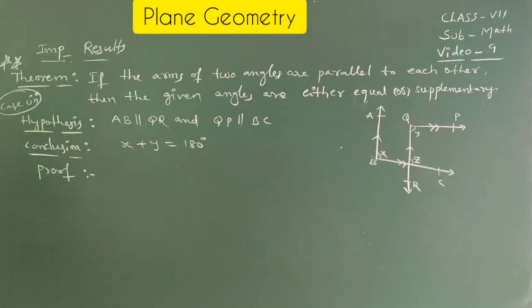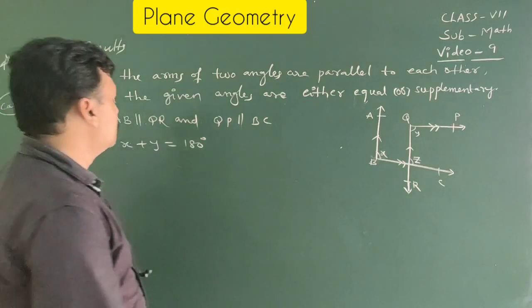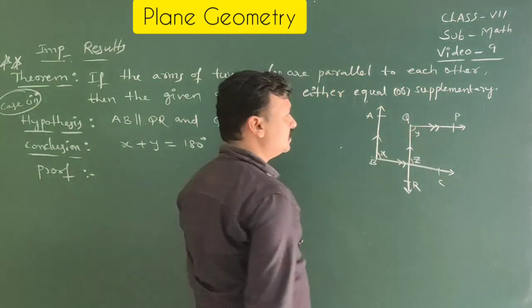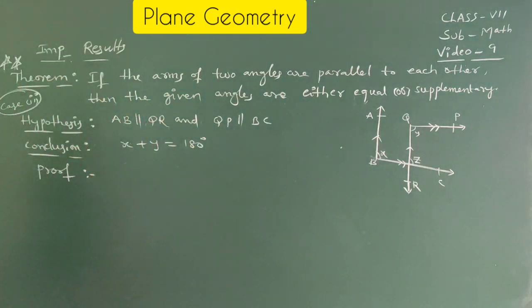Here also there are arms, in two cases we can prove this. The first one, equal, we discussed. Now we are discussing the supplementary case. Both are arms of angles and parallel to each other.